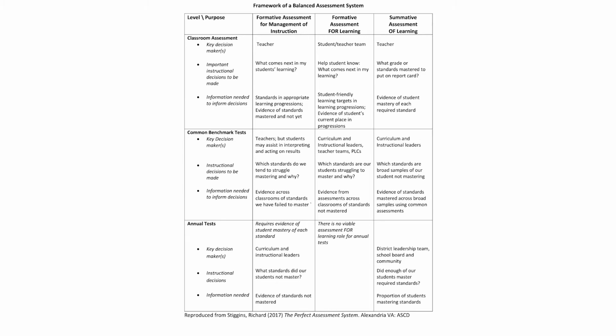Now, listen carefully as I read the same 3 things for the formative assessment for learning enterprise. In this case, the key decision maker is the student and teacher team. And the key question is students asking, what comes next in my learning? And so what they need is student-friendly targets in learning progressions with evidence of the student's current place in their learning progression.